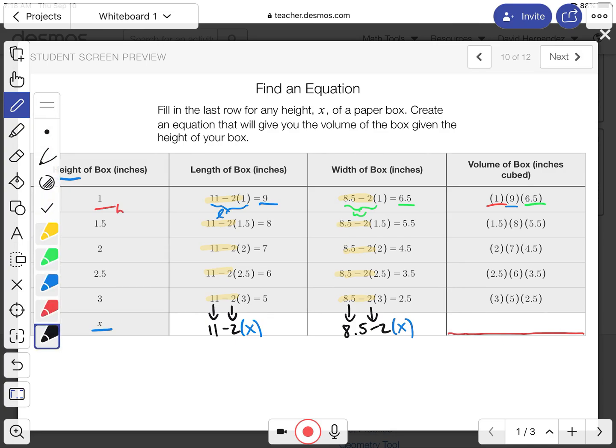So if we write each of these values on the bottom with x, well, the height is x times, this is 11 minus 2x times, this is 8.5 minus 2x, and that will give you the volume.